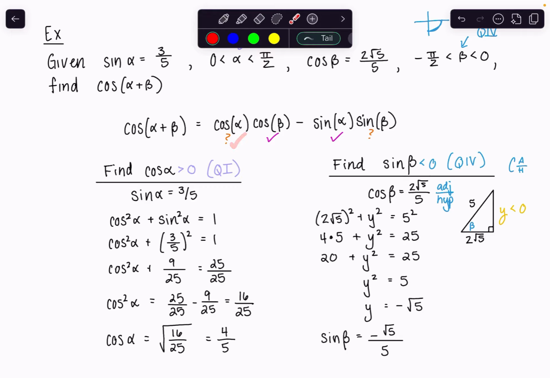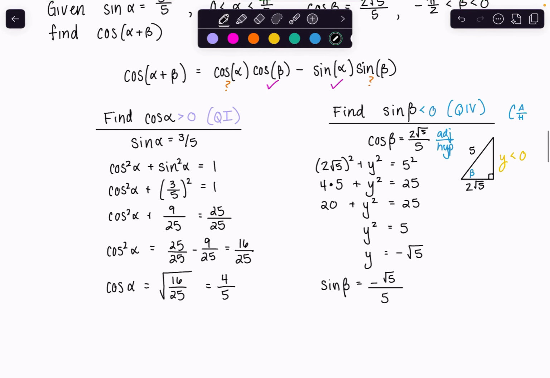We have cosine of alpha. We have sine of beta. We can now figure out what cosine of alpha plus beta is. So again, just to refresh on these formulas, you get cosine of the first angle, cosine of the second, different sine, then sine of alpha, sine of beta.